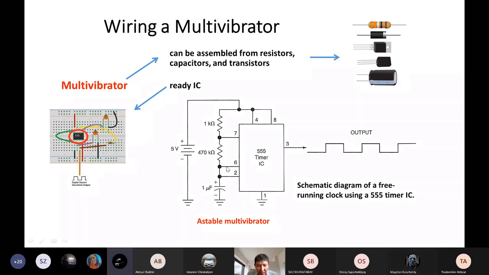Okay, so first in the labs, your task will be to assemble, to design this astable multivibrator. The heart of this astable multivibrator is the 555 timer integrated circuit. So your goal, your task, is to be able to utilize some integrated circuit to perform some functions that we will need in digital systems. Do not worry, we will understand why we connected 1 kilo ohm resistors here. It is not the purpose of this course.